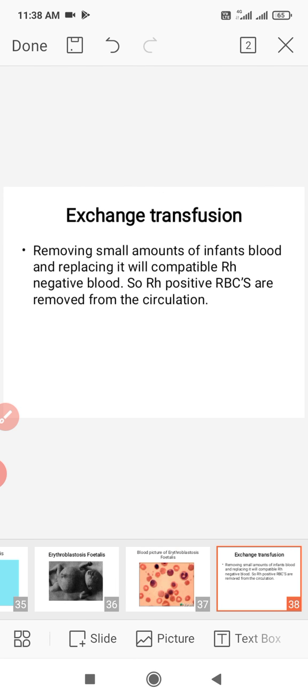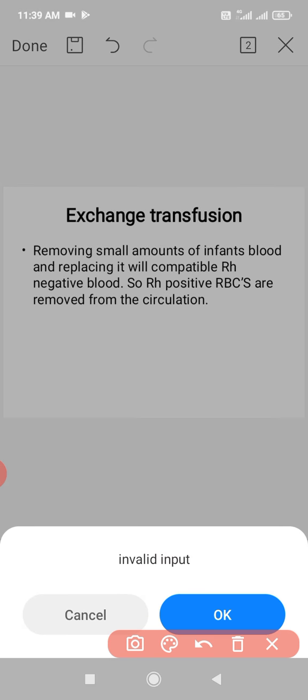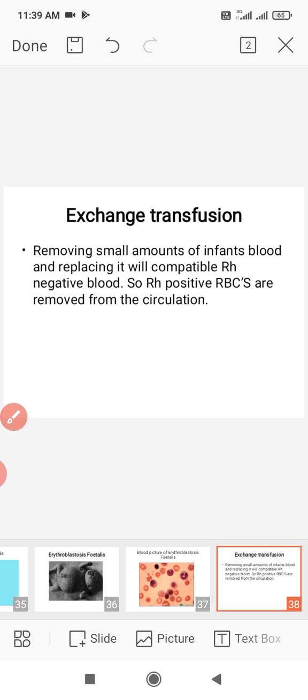We can prevent this incident by exchange transfusion. Exchange transfusion means removing a small amount of the infant's blood and replacing it with compatible Rh negative blood.